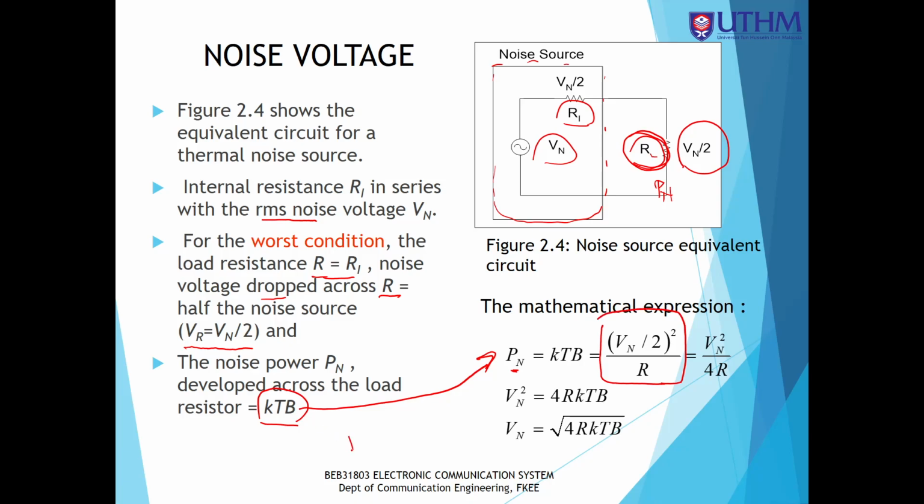Remember, power is equal to V RMS squared divided by R, or you can say that this is V peak squared divided by 2R.